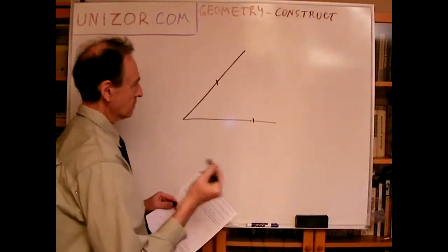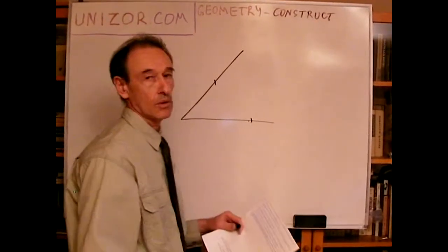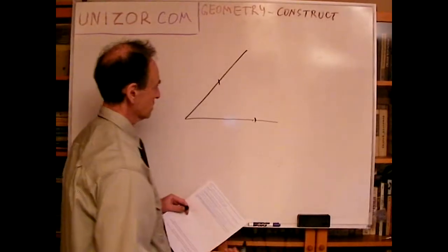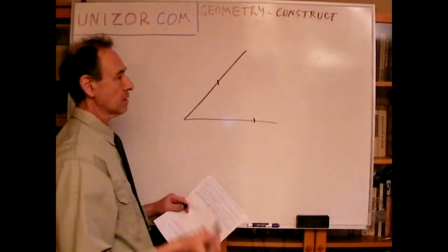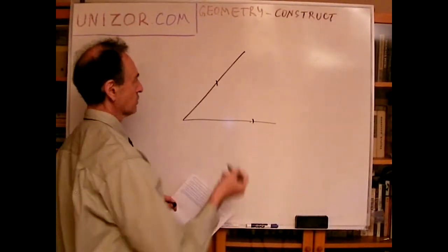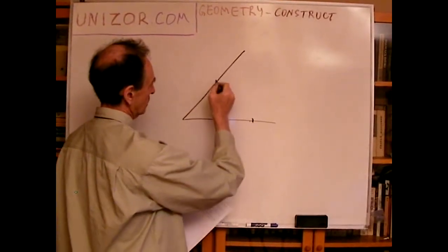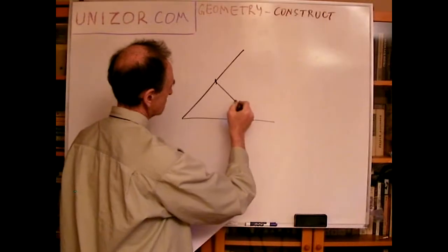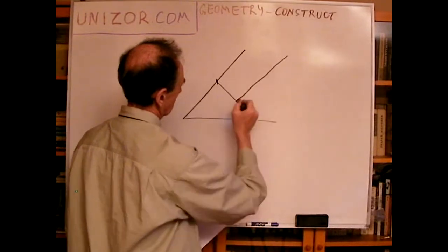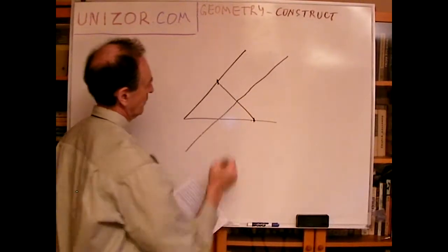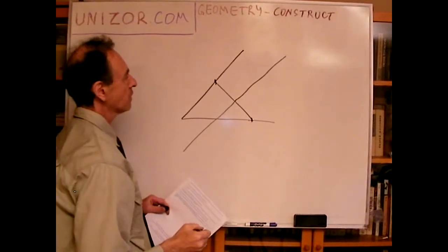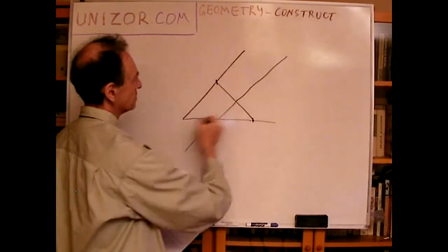Well, again, that's a very simple locus type of construction. What is the locus of points equidistant from two given points? That's the perpendicular bisector, right? It's this line. And what's the locus of points equidistant from two sides of an angle?